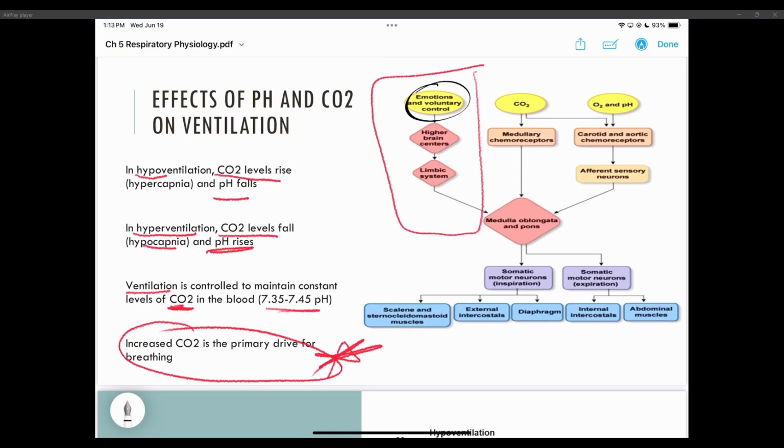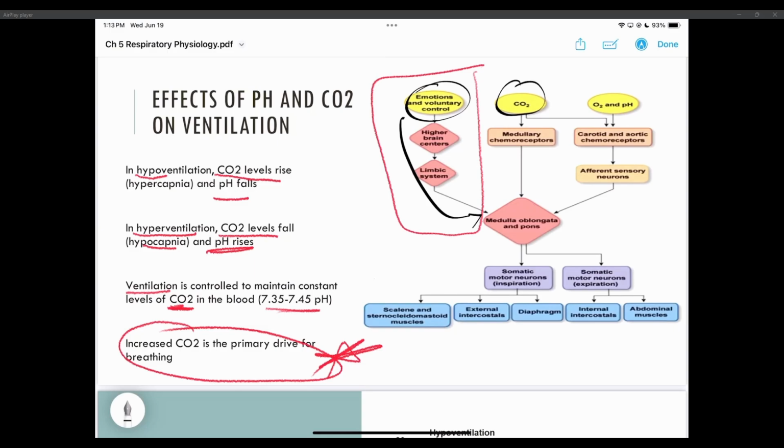Is this a scary environment? Yes. Induce anxiety. Goes through all these systems, medulla oblongata and pons. We increase our breathing, and we have an anxiety attack. So that's one way we can alter our breathing, through emotions.